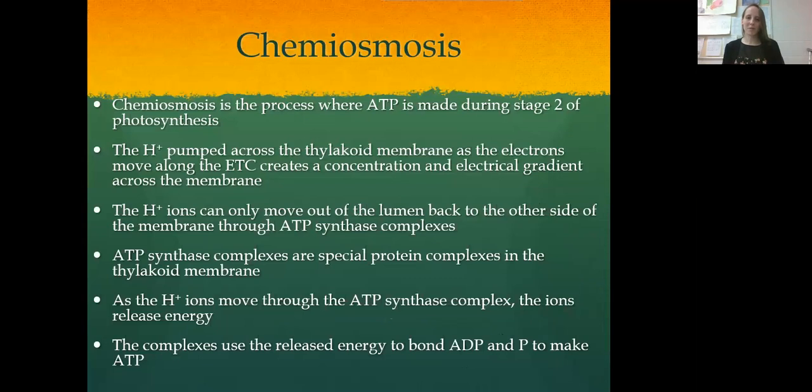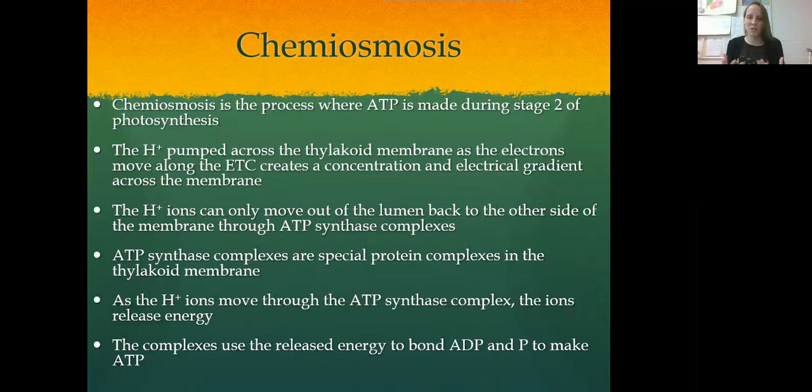So chemiosmosis is the process where ATP is made. Essentially, all of those hydrogen ions that were pumped across the thylakoid membrane into the lumen creates an electrochemical gradient. Electro because all of the hydrogens are positive, so it's an electrical charge of positive, and electrochemical, a chemical gradient because we have all of these hydrogens.